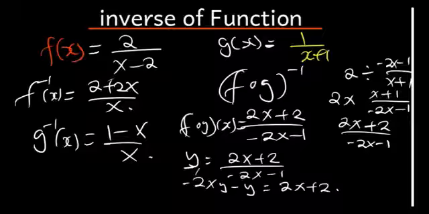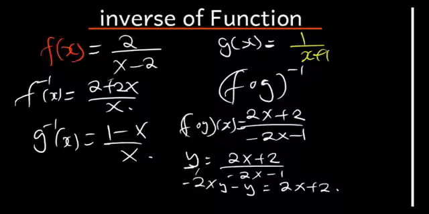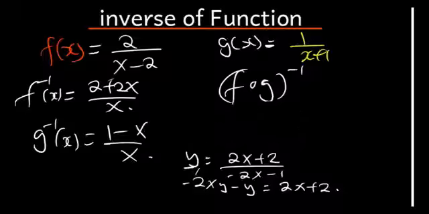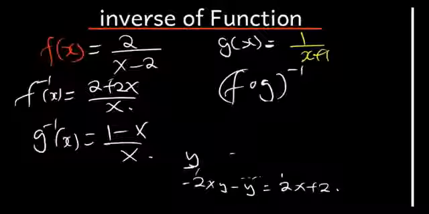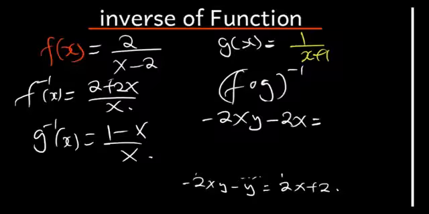I'll shift 2x to the left hand side, and at the same time shift the negative y to the other side. So we are going to have negative 2xy minus 2x equal to 2 plus y.